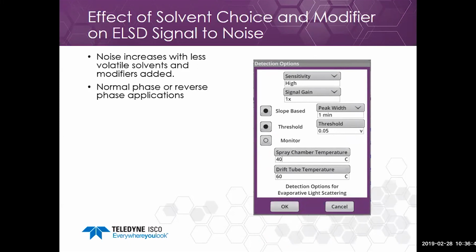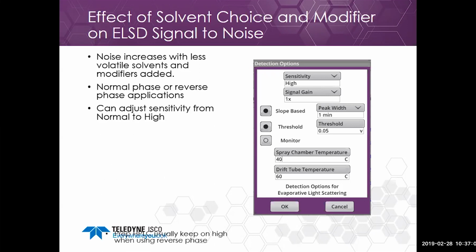On the prep systems, I would almost always exclusively work in the high sensitivity mode. With the flash systems, you have the option. If you're using the normal phase solvents, then we could go down to normal sensitivity so that we're not maxing out the detector, and maybe get some selectivity that way. But if it is a more volatile compound, we can increase the sensitivity to high. Some additional changes that you can make.